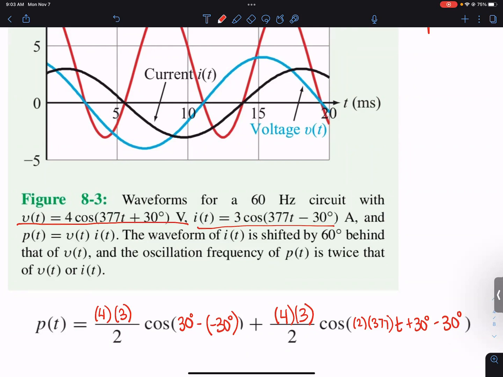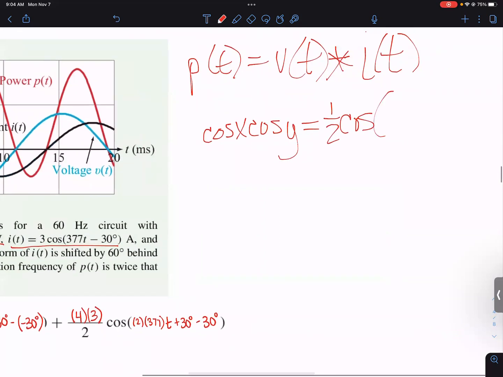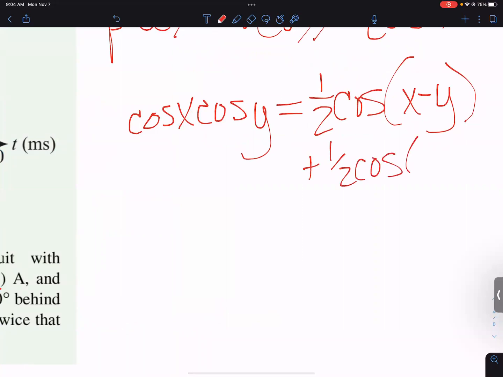So when we multiply these and take all the properties of, if you remember the cosine properties, because you're multiplying cosine times cosine, you use the property that cosine x times cosine y gives you 1/2 cosine of x minus y plus 1/2 cosine of x plus y.